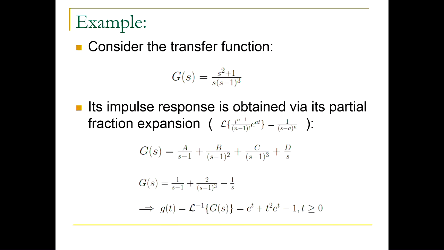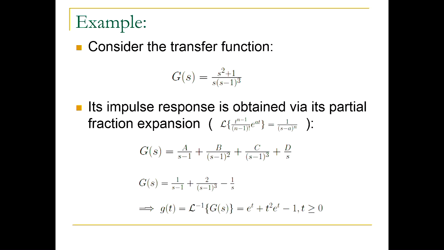All right, so let's just consider a simple example. This is a transfer function. Now, if you use partial fraction expansion, you can show that the transfer function can be rewritten in this way. If you take the inverse Laplace transform of this, which is now the partial fraction expansion, the inverse Laplace transform is the sum of the inverse Laplace transforms of each term.